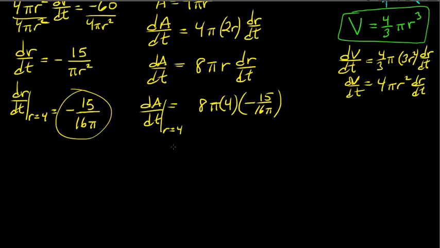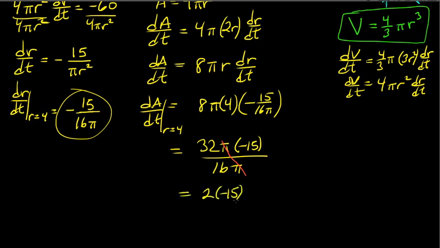Let's just simplify it, right? So we get 32 times pi times negative 15 divided by 16 times pi. And the pi's cancel. And 32 divided by 16 is just 2. So 2 times negative 15 is negative 30. And that does it, right?